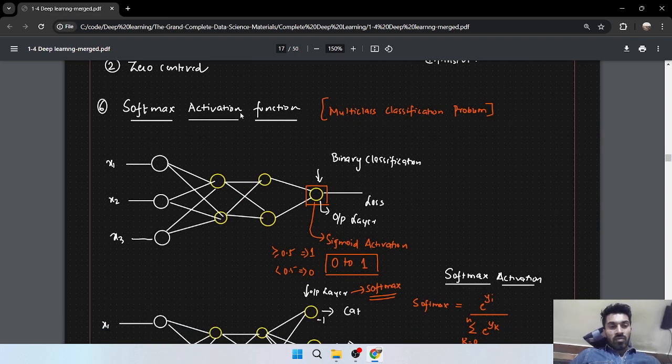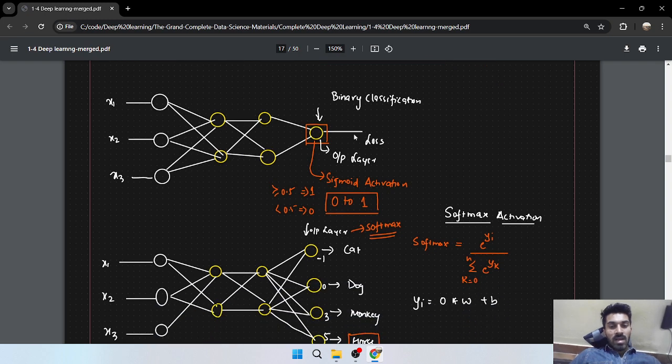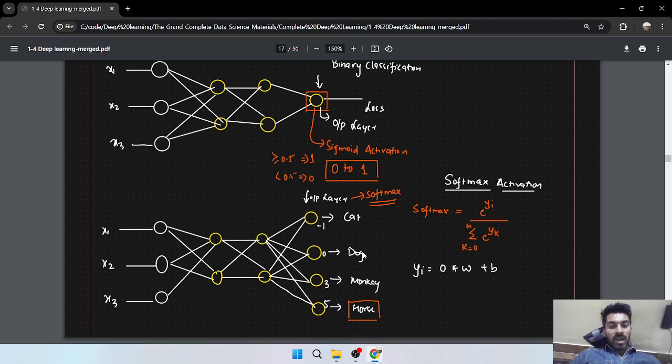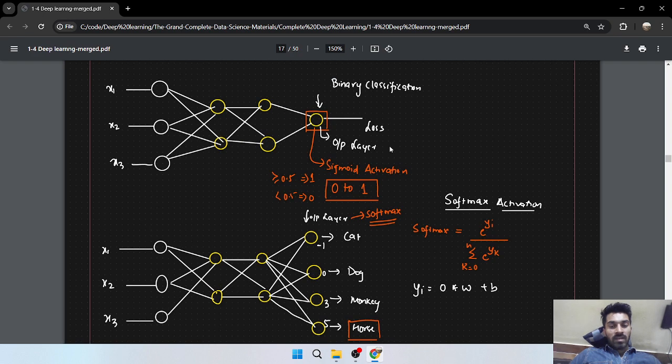Now coming to the softmax activation function, this is used for multi-class classification problems. If you want an output of multiple classes like cat, dog, monkey, horse, then we will use the softmax activation function. If we have binary classification, like 0 or 1 only, two classes, then we use the sigmoid activation function.